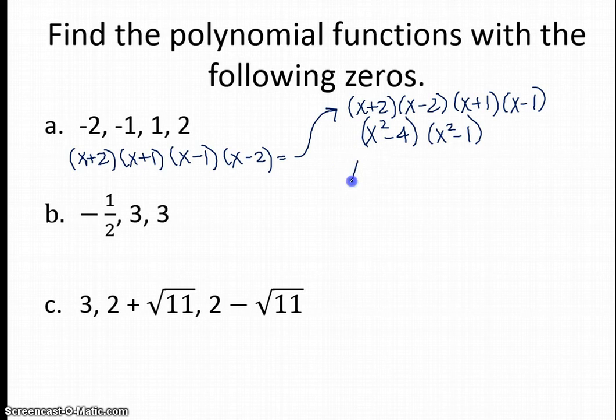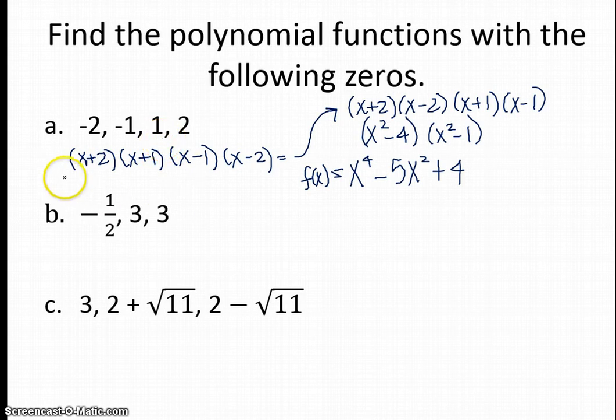Then I can FOIL that. I get x to the 4th minus x squared, and minus 4x squared would be minus 5x squared, and then plus 4. So that would be my polynomial function that has those 4 zeros.